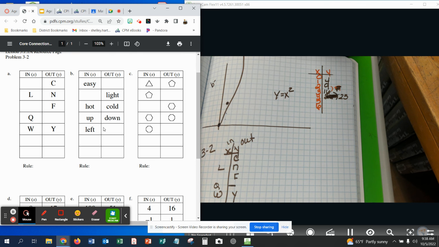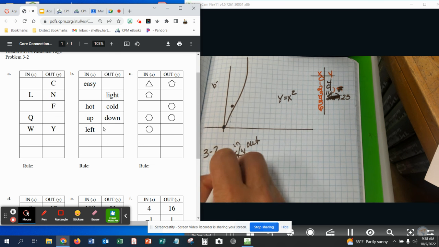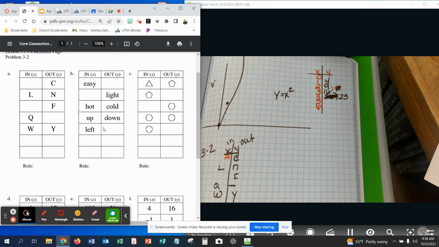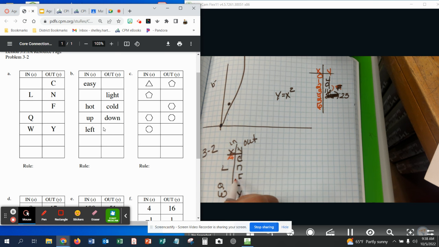Yes. I'm pretty sure it goes, so like the first one, it would be A and C. A and C. Exactly. What else we got? And wouldn't this be, because it's L, M, and then this would be E. What comes before E? D. So this would be D and F, right?